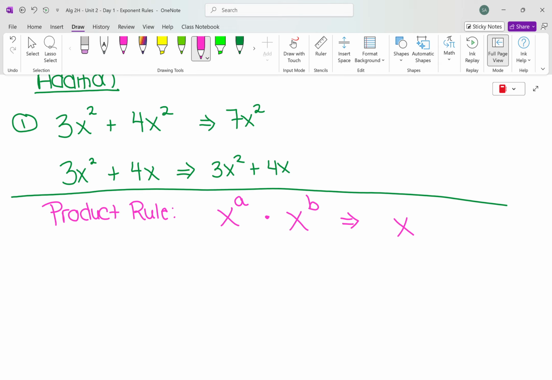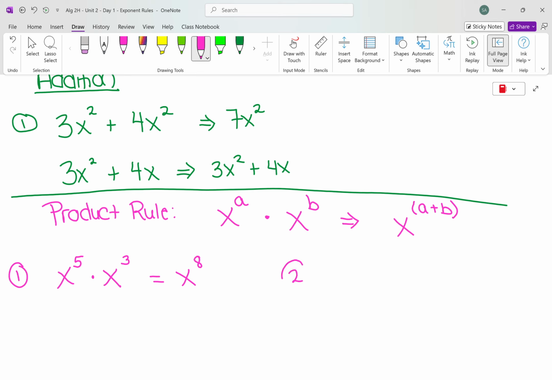A plus b, you got it. So if I have x to the fifth power times x to the third power, what does that give us? x to the eighth power.